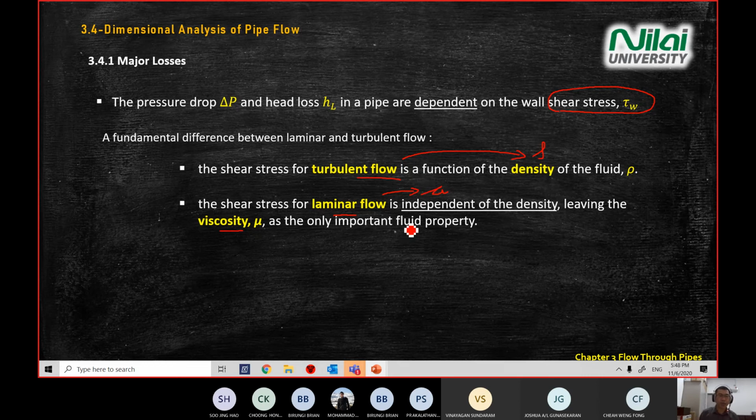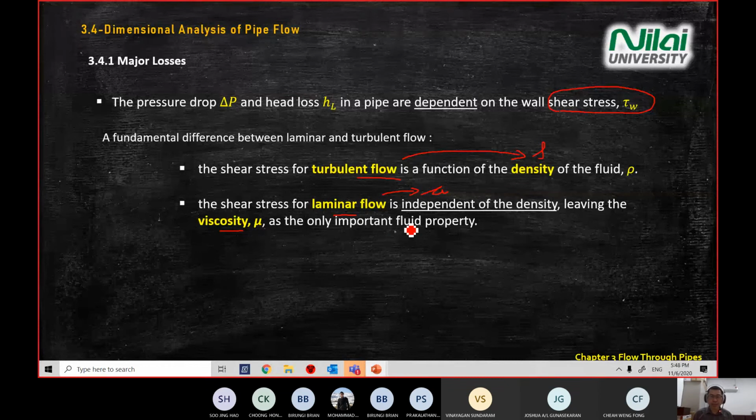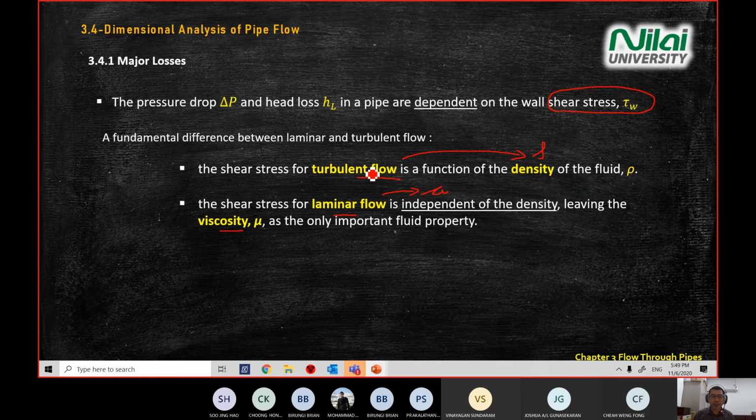He asks you to differentiate between laminar and turbulent flow. This is another definition or another observation of turbulent and laminar flow. Earlier we looked at the Reynolds number: at a certain number, we get laminar flow or turbulent flow. And then this one is just a general mathematical form that we look at, where when you change density, something will happen to the turbulent flow.